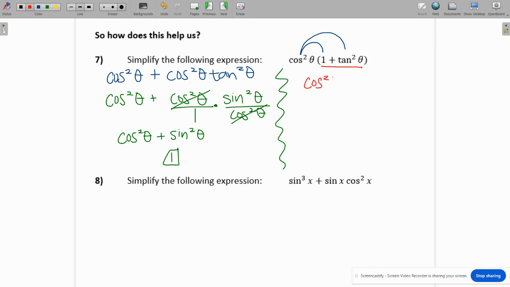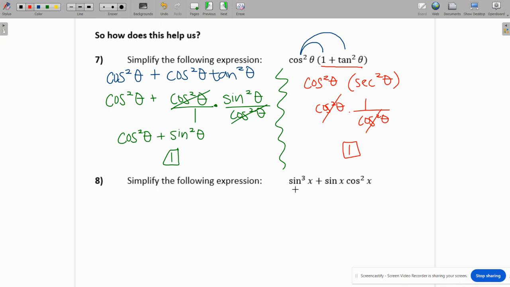So it ended up being cosine squared times secant squared. Secant squared, as we know, is 1 over cosine squared. So we're doing cosine squared times 1 over cosine squared. Something over itself simplifies to 1. And 1 times that 1, your answer is 1. Again, I'm going to challenge you. Try number 8 on your own. Let's see how it goes.